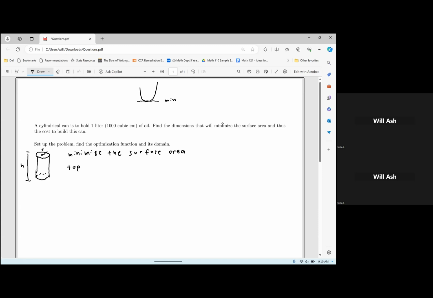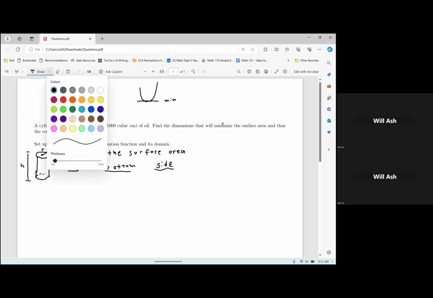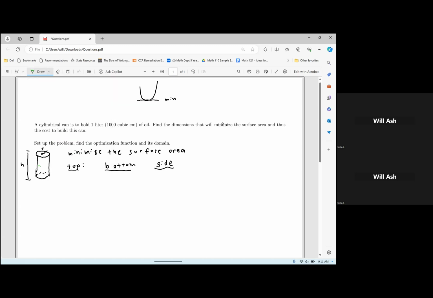All right, so I guess we have a top, we have a bottom, and we have these sides. Well, the side's a whole circular thing coming all around here, but I guess that's what I mean by side, right? It's all that stuff all wrapped out.